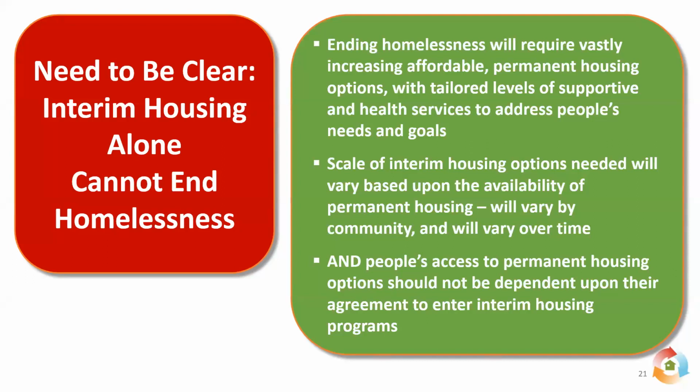The full success and impact of interim housing programs, however, will remain dependent on the scale and range of affordable housing and services options within communities, and the scale of interim housing options needed will vary over time based upon the availability of permanent housing options. People's access to permanent housing options should not be dependent upon their agreement to enter interim housing programs, and communities should also strive to strengthen their capacity to connect people who are unsheltered directly to permanent housing. Next slide.